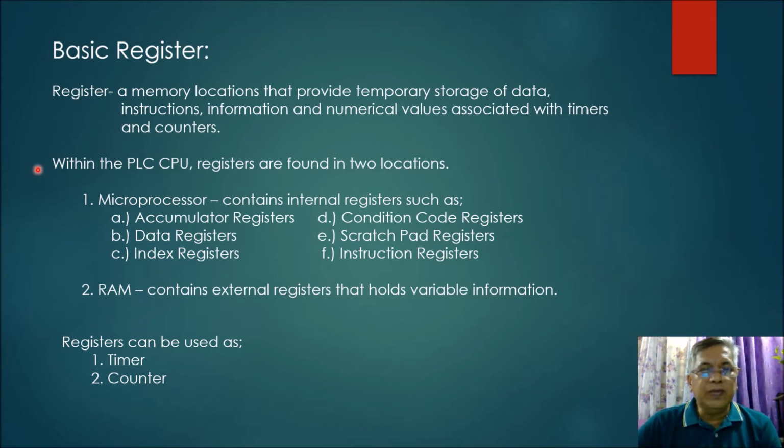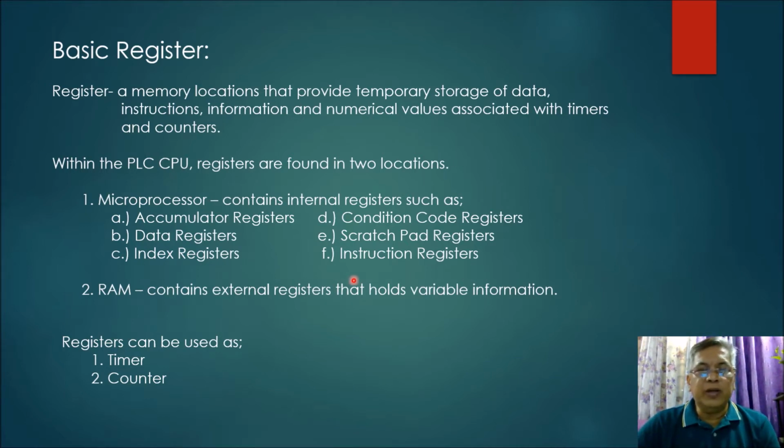For now, we can say that within the PLC CPU, registers are found in two locations. One location is in your microprocessor. The microprocessor contains the so-called internal registers such as accumulator registers, data registers, index registers, condition code registers, scratch pad registers, and instruction registers. Okay?